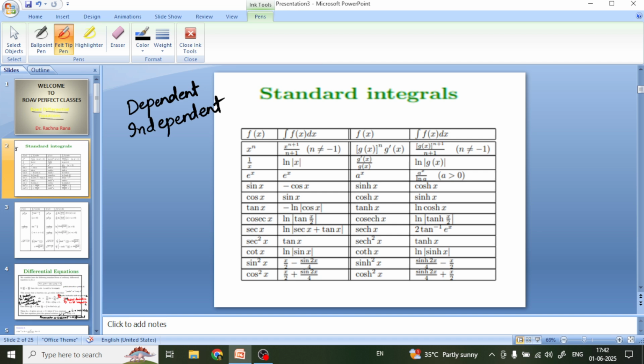A differential equation relates a dependent variable to an independent variable.